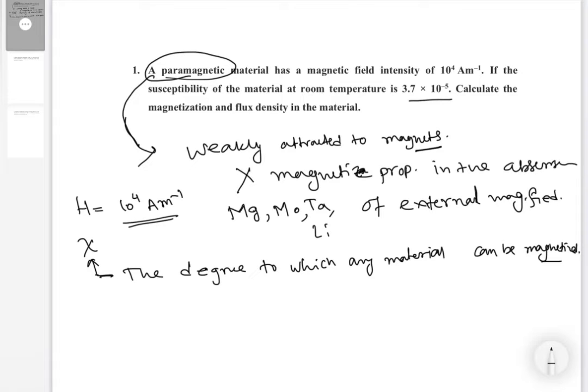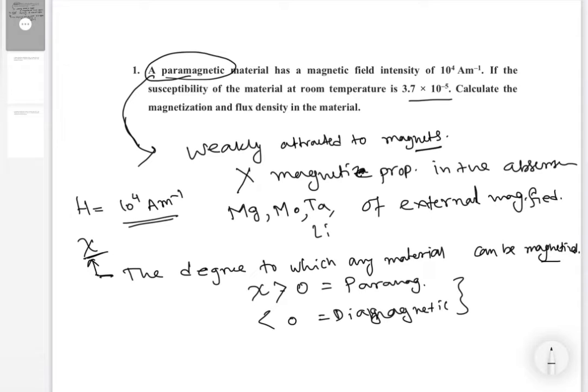And it has different values: it is greater than 0 for paramagnetic, and less than 0 for diamagnetic. So basically this determines whether a material is attracted or repelled by the magnetic field.